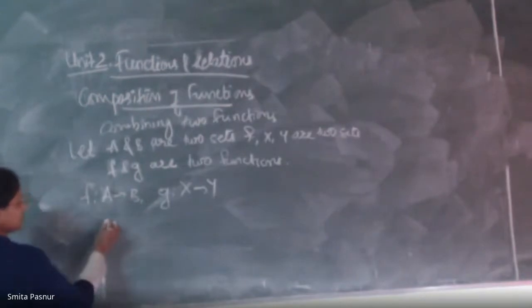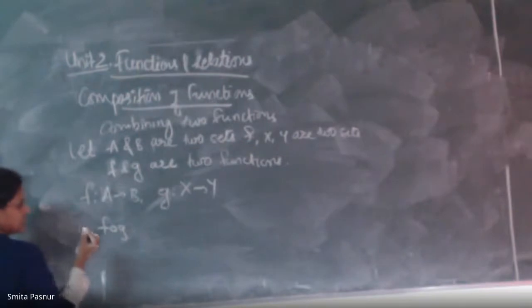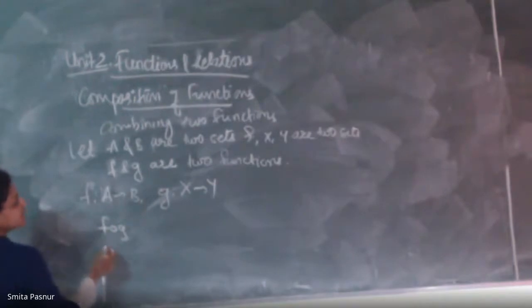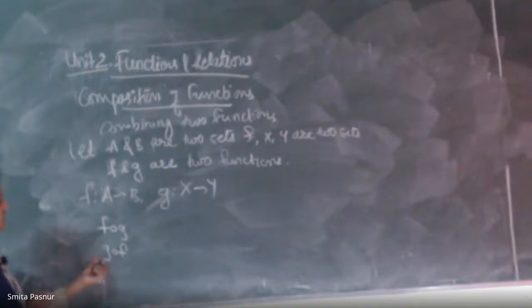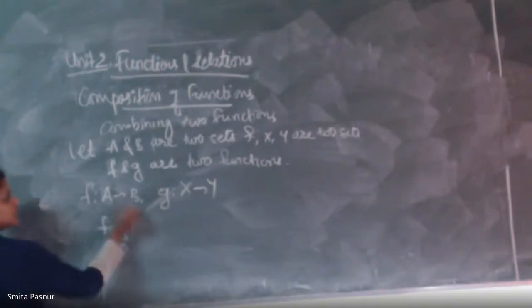See, how are you going to write F composition G. This is the composition sign, a small o. So F composition G. F is called the left composition. If I write G composition F, then G is the left composition. So F composition G, G composition F. So I am combining these two functions.